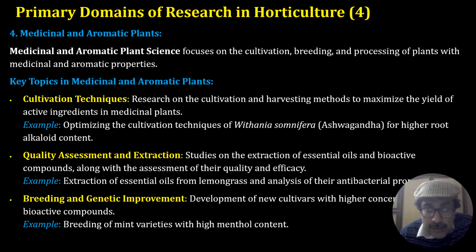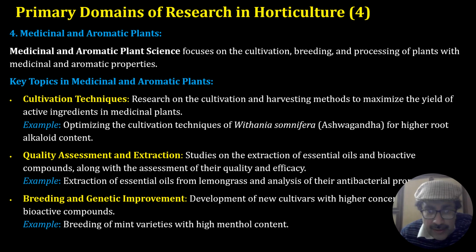Besides curative powers, they also have the aromatic properties. So the key topics in this domain would include assessing different cultivation techniques, quality assessment and extraction studies, and breeding and genetic improvement. So the first key topic, cultivation techniques.